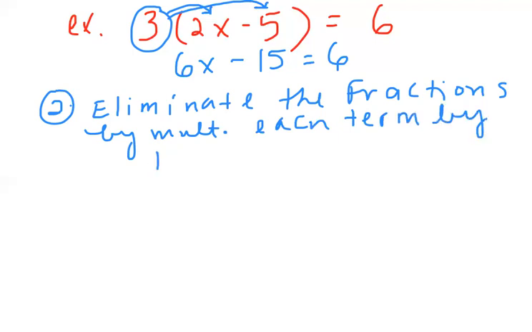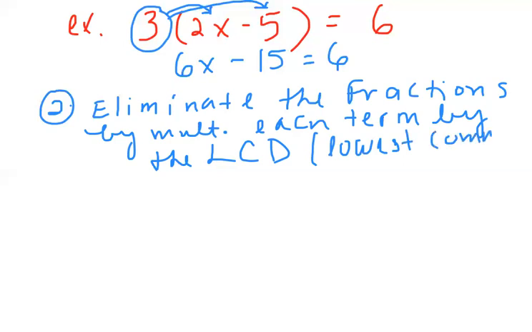Now, why do we want to do this? We want to do this, guys, because nobody likes working with fractions, so get rid of them. By the way, LCD stands for the lowest or the least common denominator, okay? So LCD is the least common denominator.